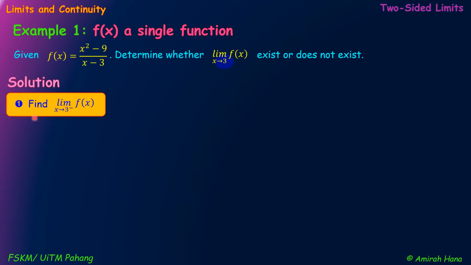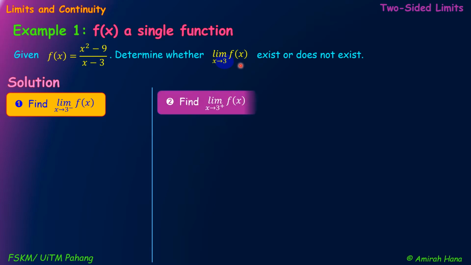Step 1, we need to find limit x approaches 3 from the left f(x). We find this because we want to determine whether limit x approaches 3 f(x) exists or does not exist. Step 2, we need to find limit x approaches 3 from the right f(x).